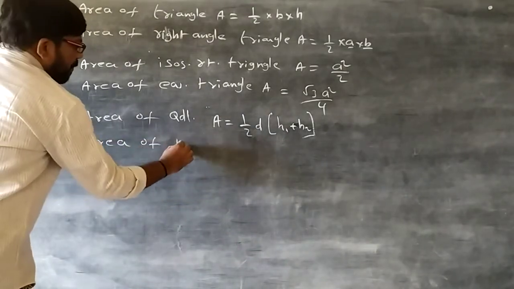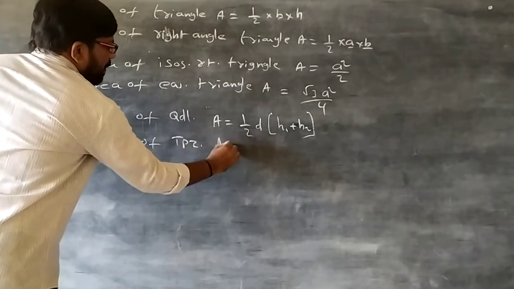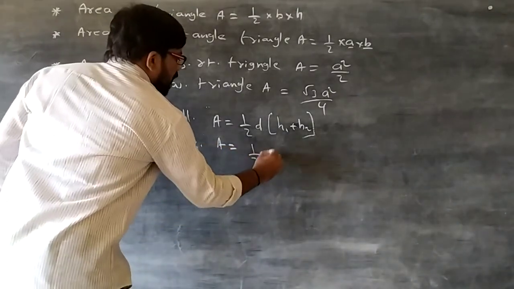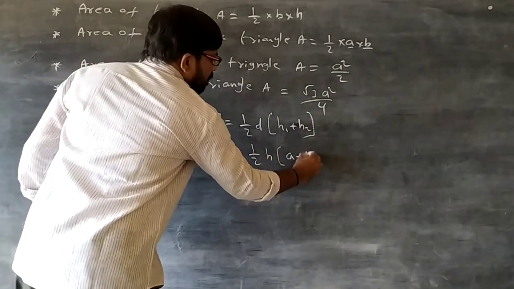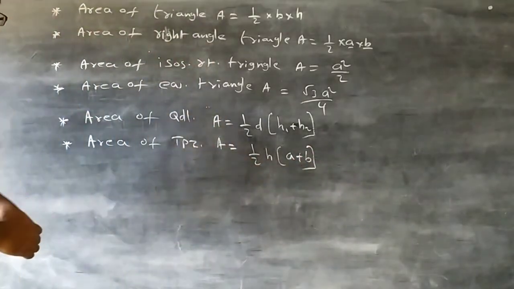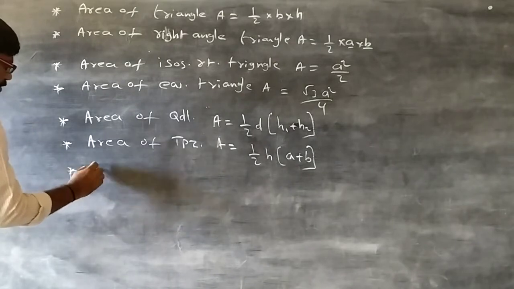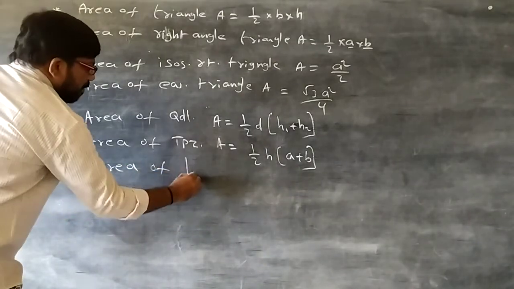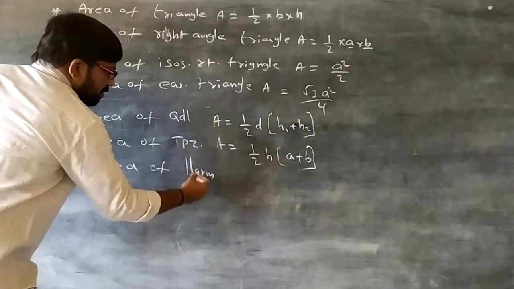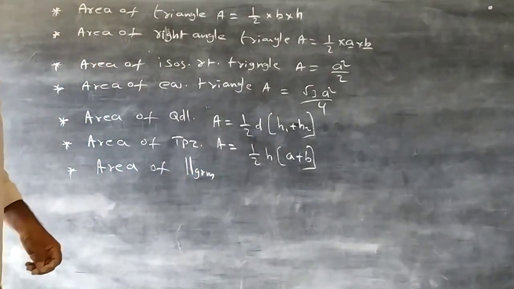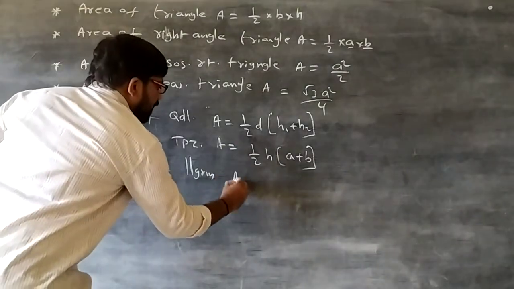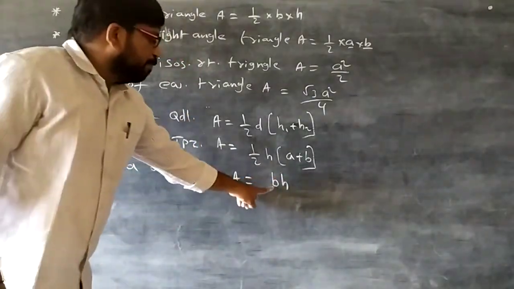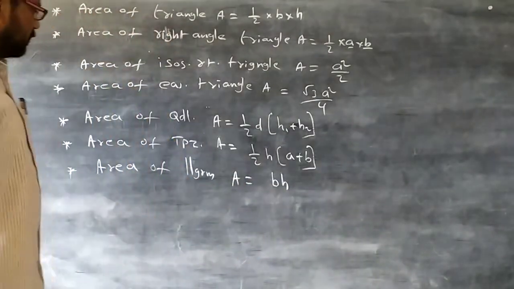Area of trapezium: half H into A plus B. Area of parallelogram: the symbol is a parallelogram. A is equal to B into H, where B is its base and H is its height.